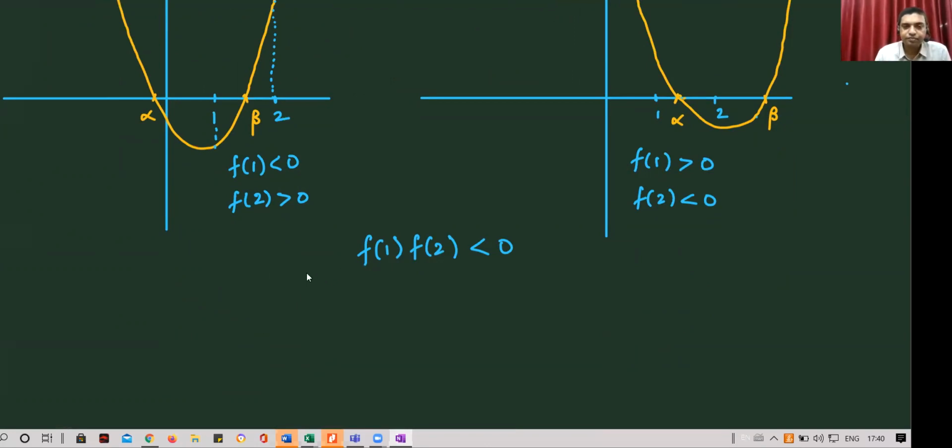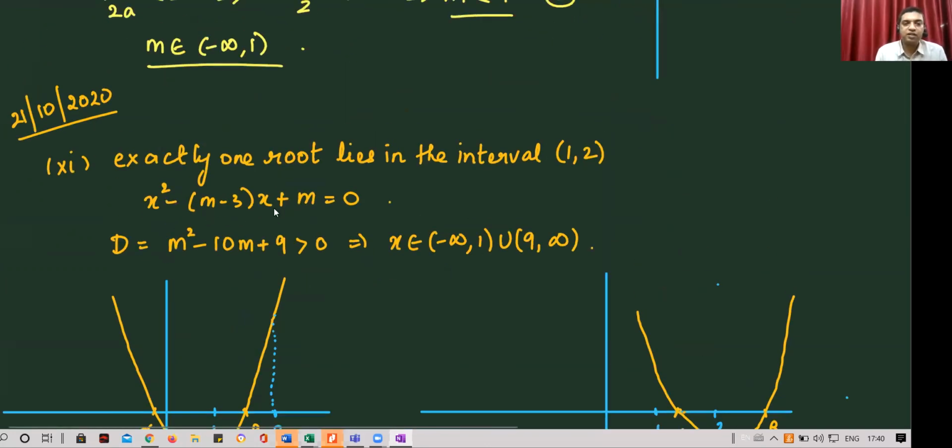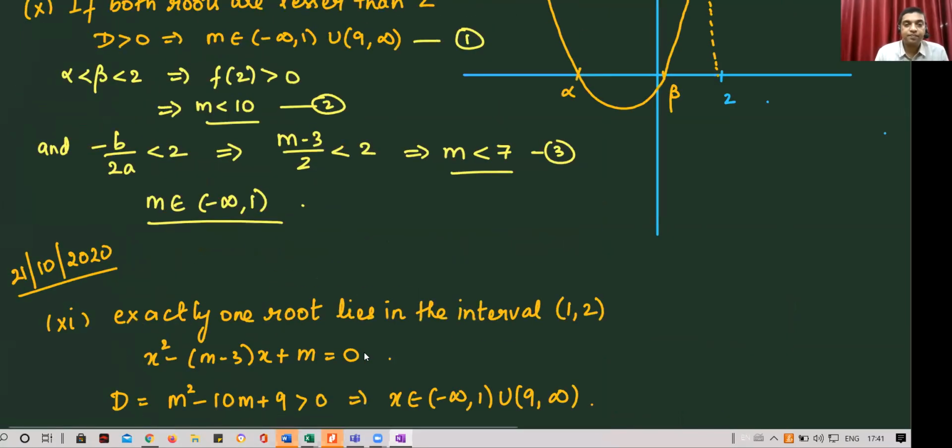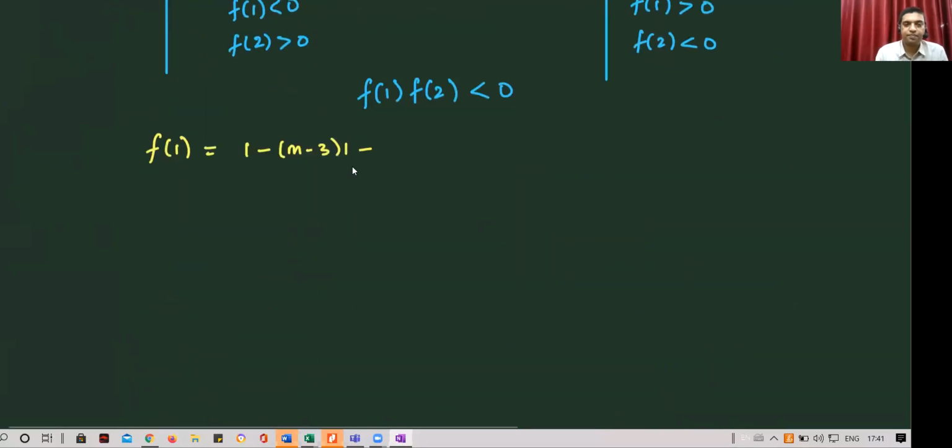Okay, so what is f of 1? Substitute 1 in this expression: 1 minus (m minus 3) times 1 plus m. So what happens? m and m cancel.